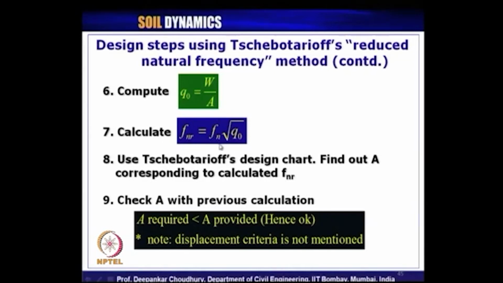Fn already you know, because we have assumed using no resonance criteria. So, Fn you know, Q naught you have calculated just now in the previous step. So, using this you can get the FNR. Next step says, now you have to use Tschebotarioff's design chart.